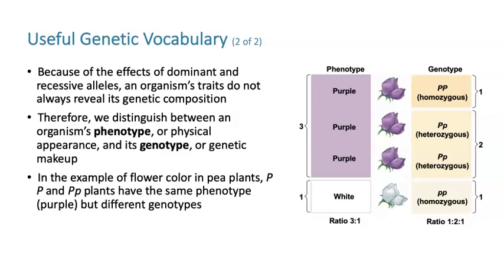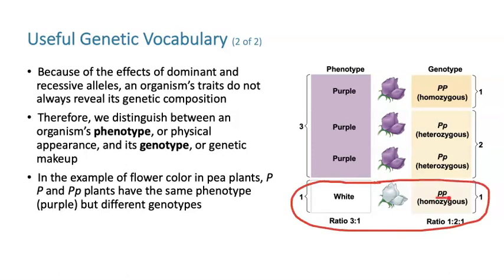The interesting thing here is that if you think about it, the phenotype does not always tell you what the genotype is. In fact, the only time the phenotype tells you what the genotype is is with the recessive. If you're showing recessive, you have to be homozygous recessive.